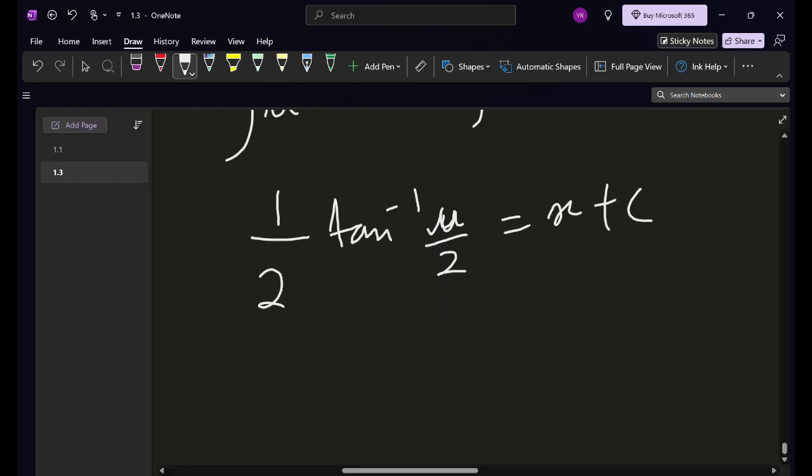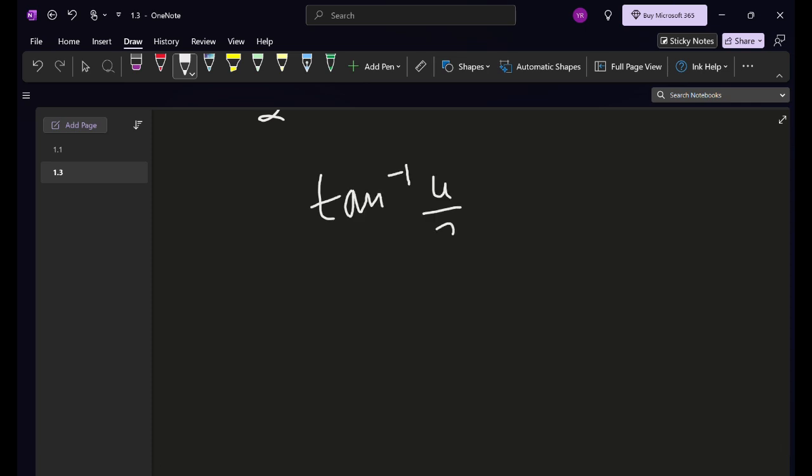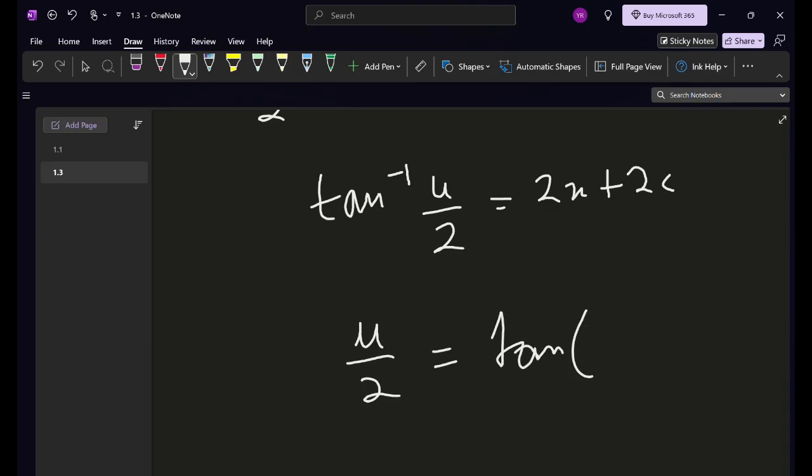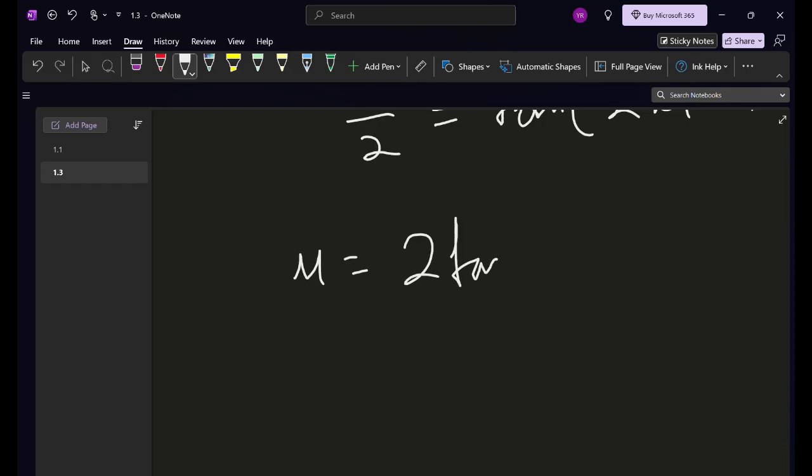Here, taking the 1 by 2 to the other side, we get tan inverse u by 2 is equal to 2x plus 2c, and then u by 2 is equal to tan of 2x plus 2c, which gives u equal to 2 tan of 2x plus 2c.